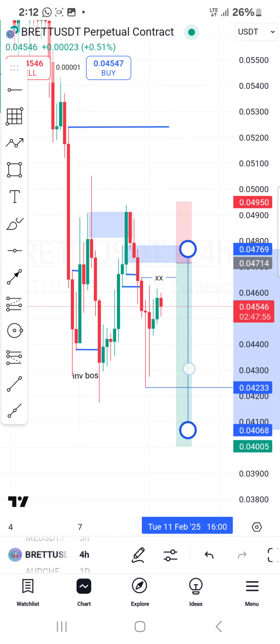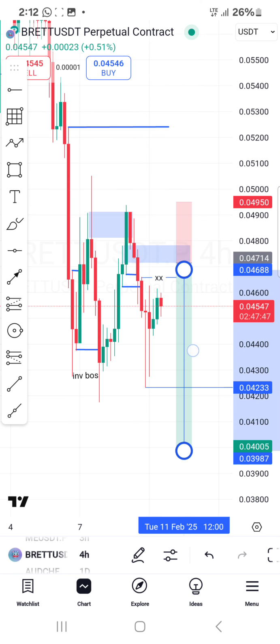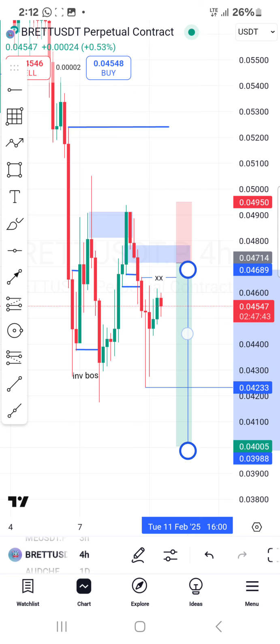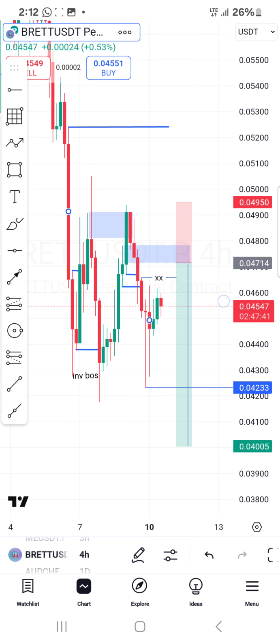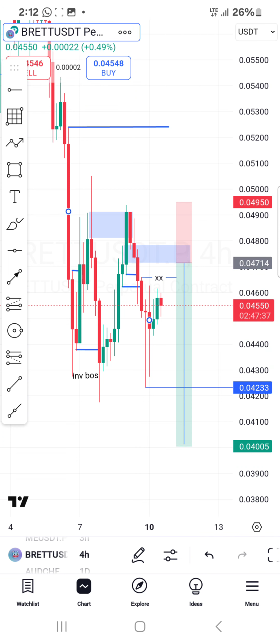Take your trend line to your entry. Put it on your entry. You can see, I did 1:3, but we're having the same take profit targets.